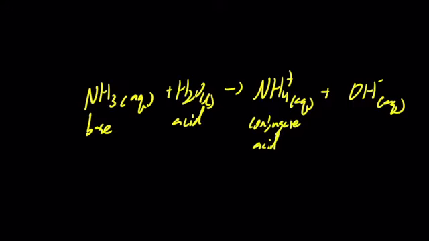Now, what if we were to pay attention to water? With it being a proton donor, and looking at it post-reaction, it ends up being just OH minus. It lost a proton. And as a result, that can be defined as a conjugate base.